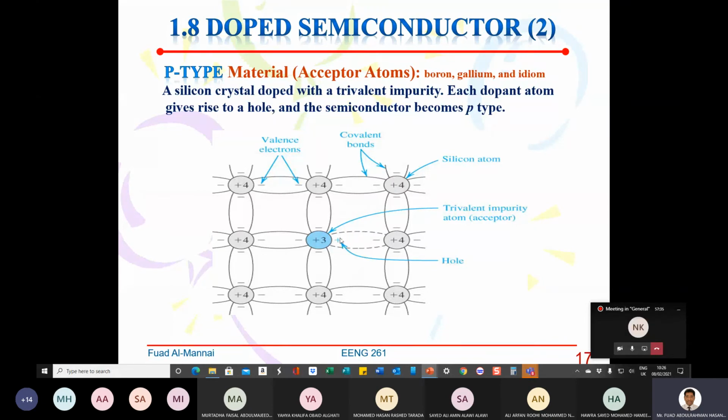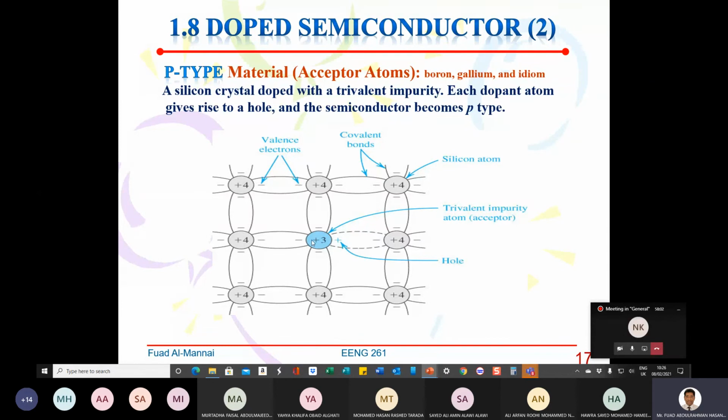We call this missing electron a hole. The hole doesn't stay very long. It will wander around, because an electron will jump over here, so the hole will be here. So the hole is also a good conductor for electricity.